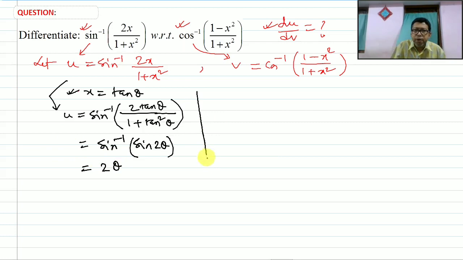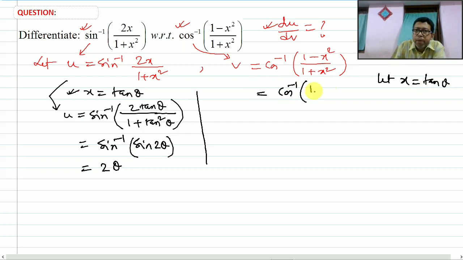On the other hand, you also have to find the derivative of v with respect to x, or if you substitute x by another function, then differentiate v with respect to that function. Let us consider again x is equal to tan theta. Substituting, it is cos inverse of 1 minus tan square theta divided by 1 plus tan square theta.